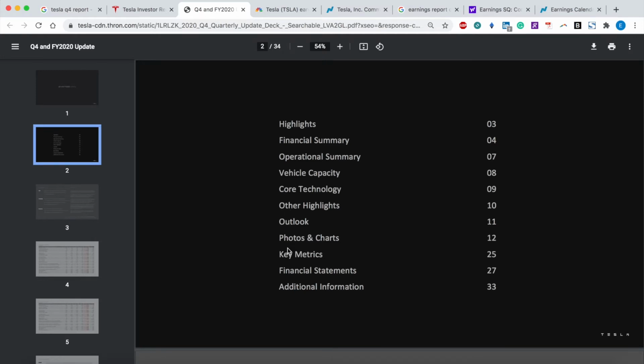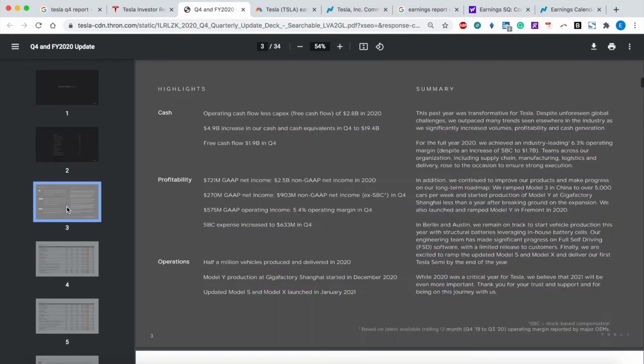So first things first, we have a summary here that walks us through what has changed in Tesla. They talk a little bit about the global challenges. They also talk about the Model 3 in China and how they're increasing that, as well as the factory in Shanghai that they just started up.